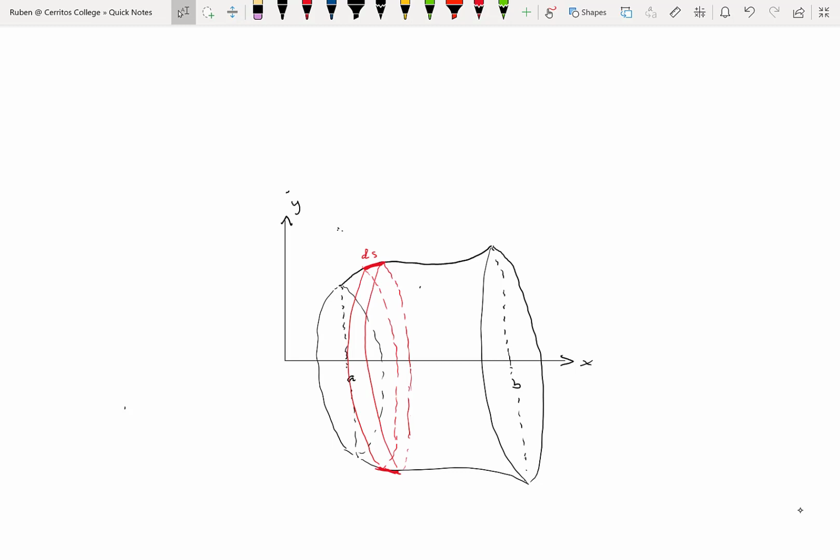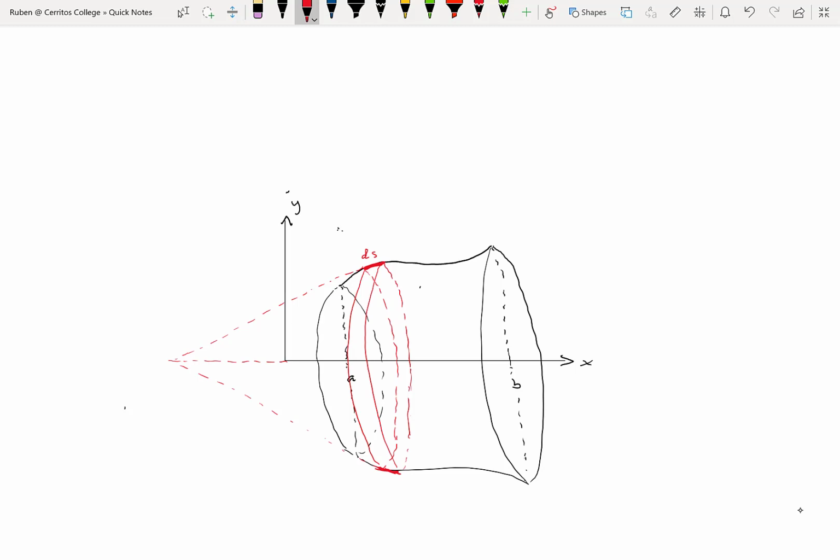So that little band that results by rotating ds about the x-axis is really just a little tiny piece of a cone. Remember, we're assuming that ds is really, really small. So that little ds is just a tiny little portion of the surface area of a cone.